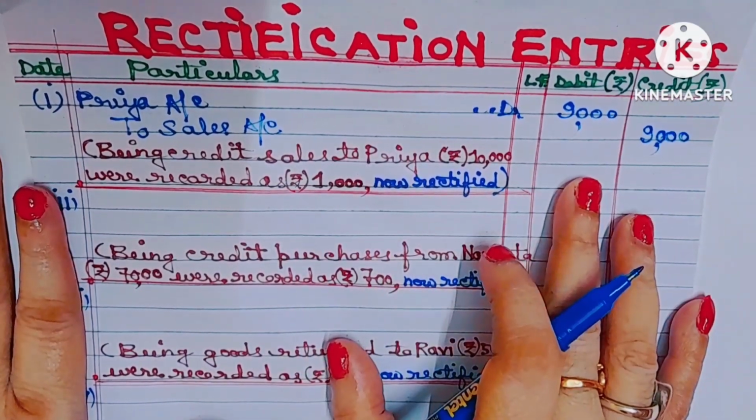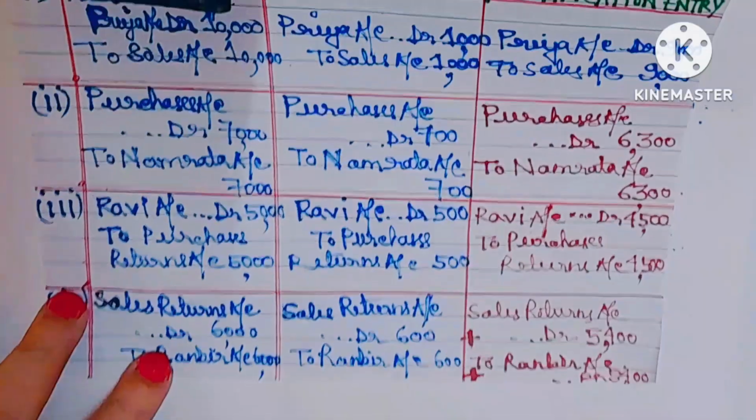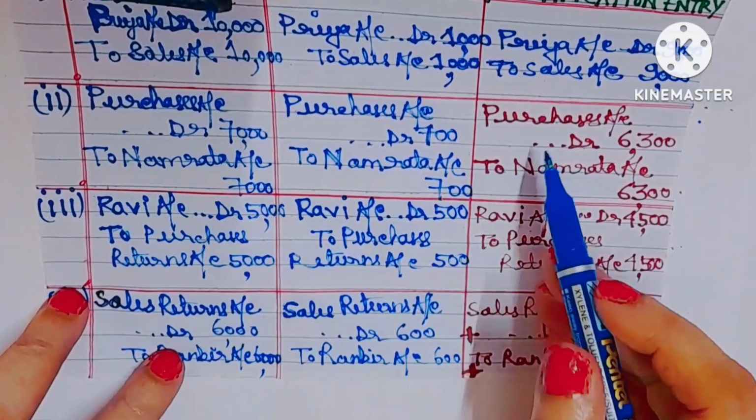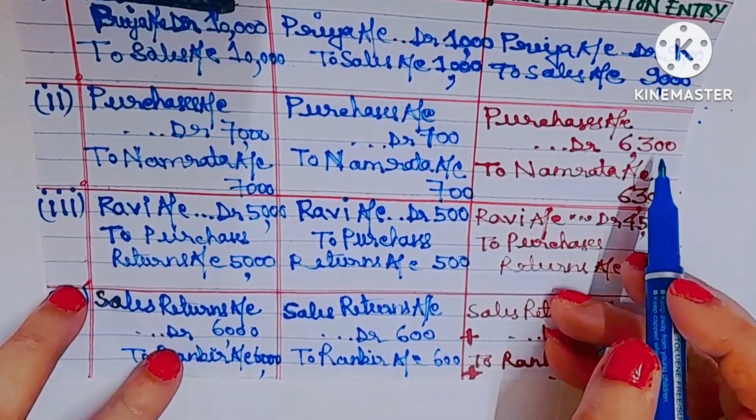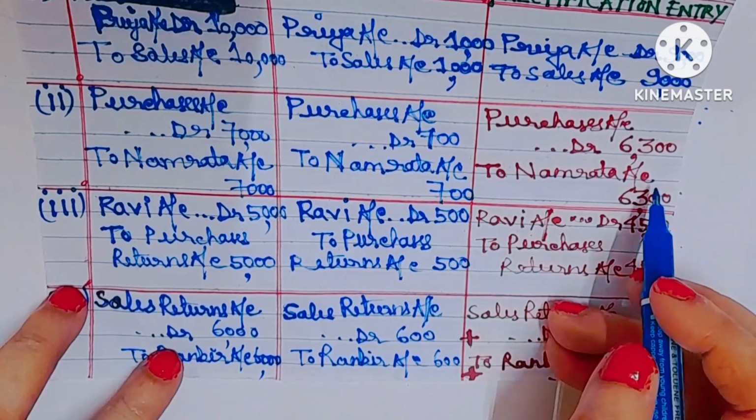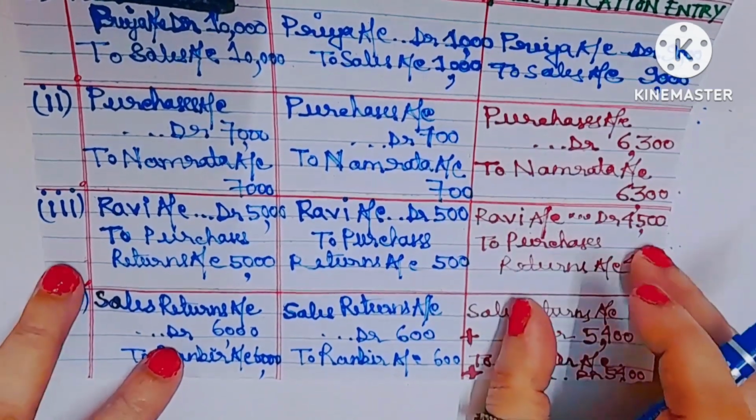Okay, so let's see the second rectifying entry. Number 2. The second rectifying entry is purchases account debit 6,300 to Namrata account rupees 6,300. Okay, so let's write.